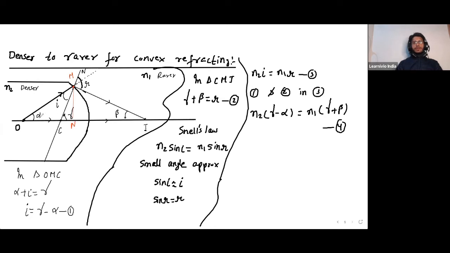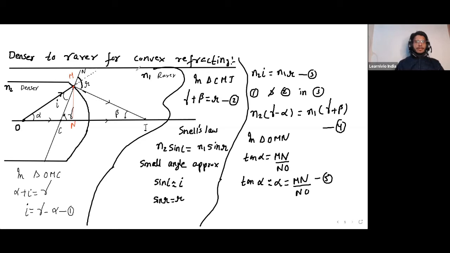Now we can calculate alpha from triangle OMN. In triangle OMN, tell me how much is tan alpha in this triangle? MN by NO. It's perpendicular upon base, MN by NO. Or you can use small angle approximation. You can write that tan alpha is approximately equal to alpha, which is equal to MN divided by NO. I call this equation number 5.